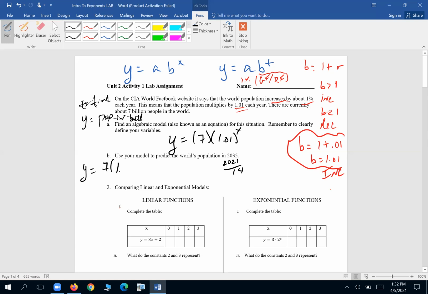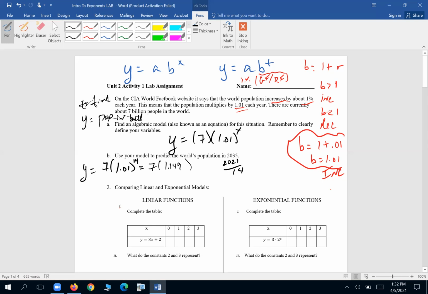So what we would do is 7 times 1.01 to the power of 14. And if we do that, hopefully you get your calculators out, 7 times the quantity, let's see, 1.01 to the 14th power is 1.149 and a bunch of other decimals.